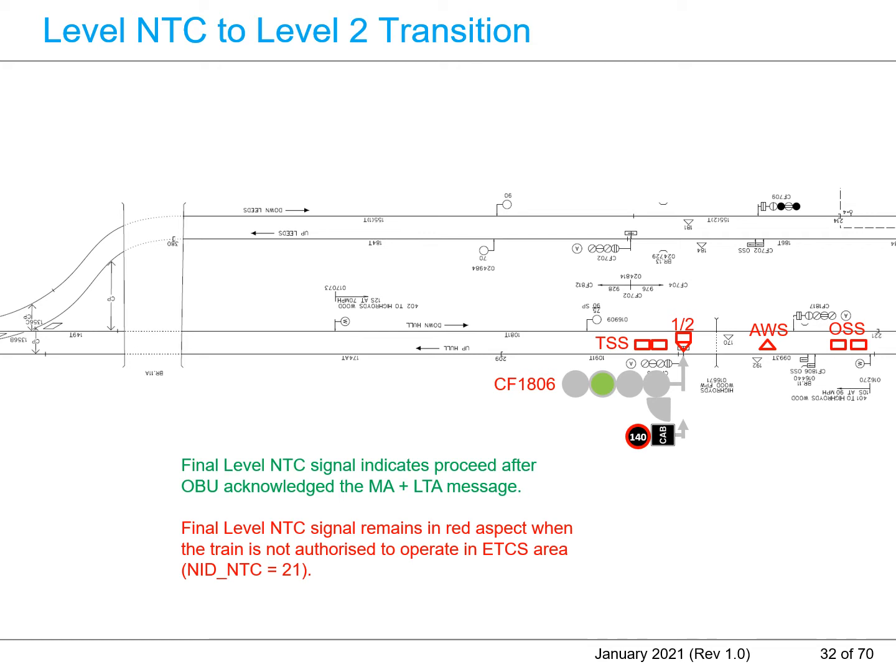The radio block center will not transmit movement authority and level transition announcement message to the train with national system identity, NID, NTC, value equals to 21. This train or the train driver is not authorized to operate in the level 2 area. Signal CF1806 will remain in red aspect when the non-authorized train approaches the level 2 area.